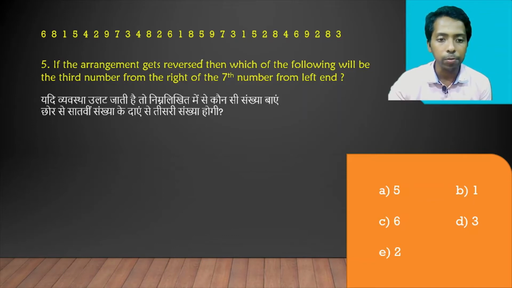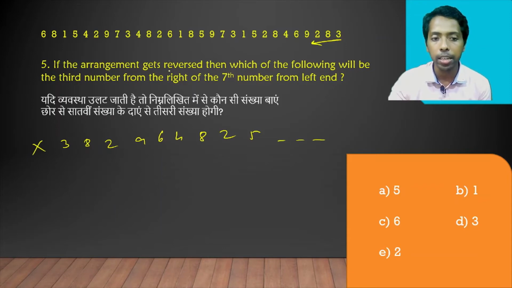Moving to question number 5. If the above arrangement gets reversed, that means from the right hand side, 3 8 2 9 6 4 8 2 5 like this, then what will be the third number? You should readily understand, when you get this kind of statement that the arrangement gets reversed, that you have to start from this side. You have to take into consideration that this is the left end from your side.